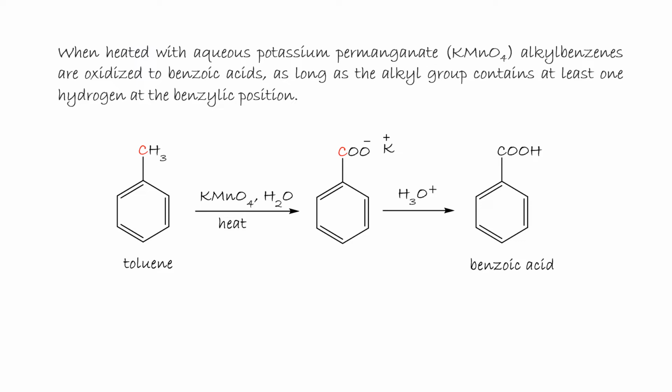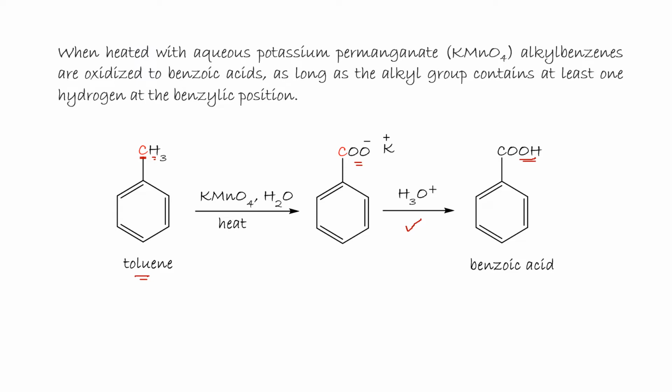See, so if you have toluene here, again benzylic with hydrogen, it oxidizes, but because here it is potassium permanganate, it forms the potassium salt first, so we have to add acid to get the free carboxylic acid.